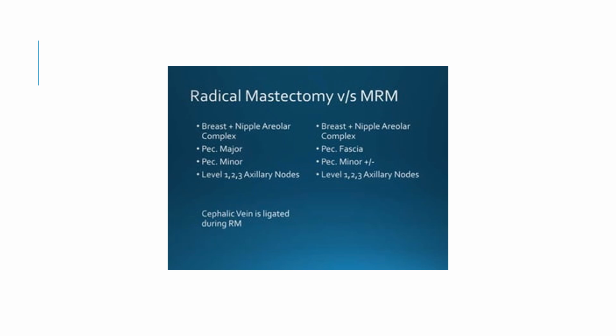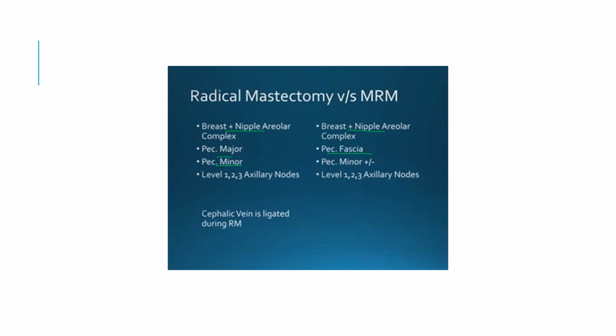This is the difference between radical mastectomy and modified radical mastectomy. So in both, you are taking away the breast nipple areola complex. Okay, that is taken even in simple mastectomy. And you're taking pectoral fascia in modified radical mastectomy. But in radical mastectomy, you're taking both pectoralis major and minor. But in modified radical, you're preserving the muscles as much as possible.